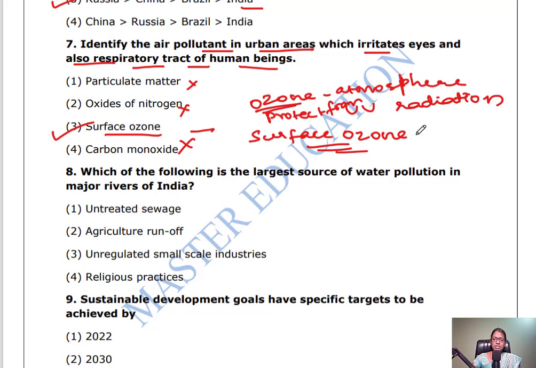This surface ozone actually happens because of man-made interaction, man-made polluted things. Don't confuse ozone and surface ozone. Ozone is in the atmosphere and surface ozone is a man-made pollutant at the earth level. So surface ozone is the correct answer.